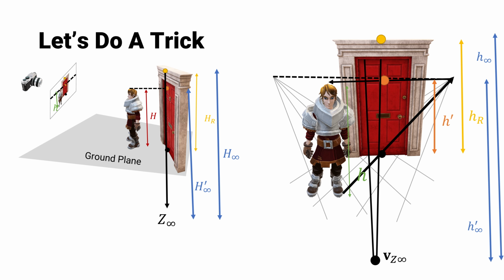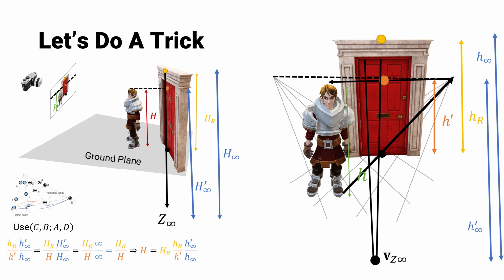Let's apply the cross ratio trick. We utilize this particular cross ratio from the previous set, and we will apply the cross ratios as follows. We are applying the cross ratios between the image and the world, because under projective geometry, cross ratios are preserved under perspective projection, and that's what we have done.